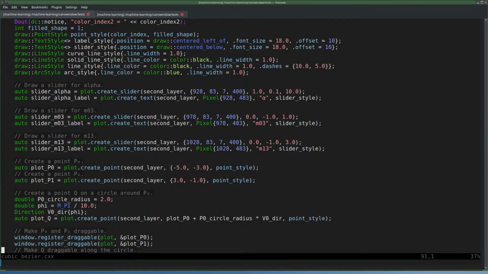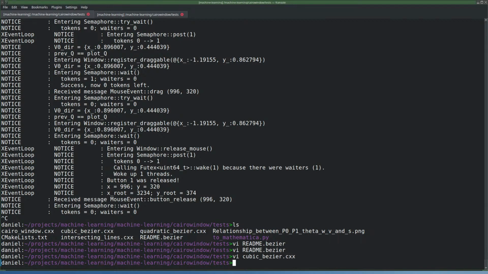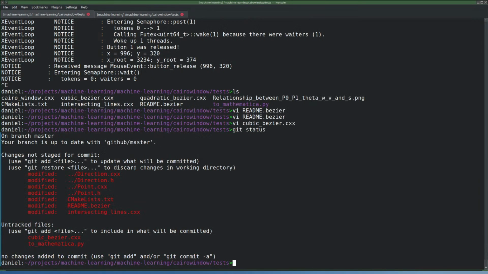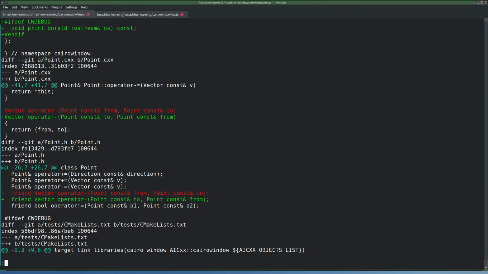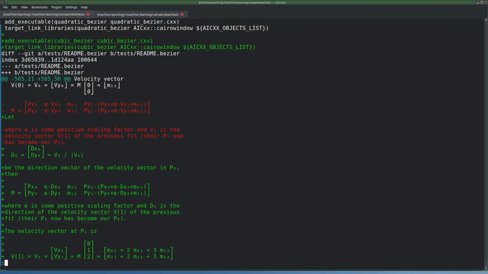I think I'm even going to destroy this code, that is delete it without having committed it. No, I can't do that. Git status. Completely new file. Allow printing direction, fix operator minus, and work on the readme.